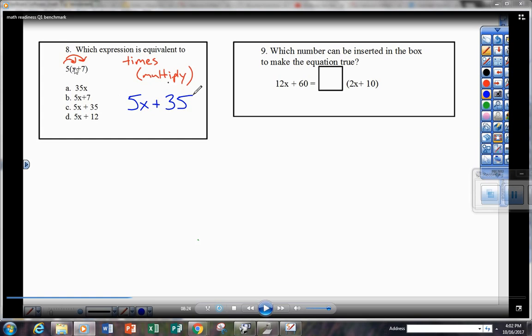So 5 times x, 5x, 5 times 7, 35. That's why this one has to be C. 5 times x, 5x, 5 times 7 is 35. So 5x plus 35. That is the equivalent expression.